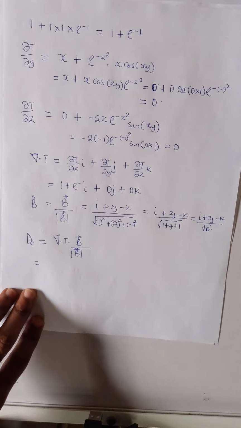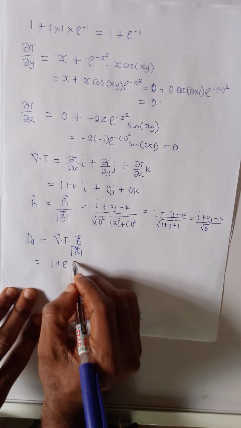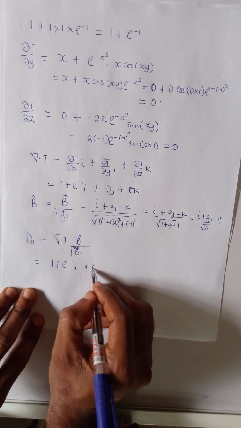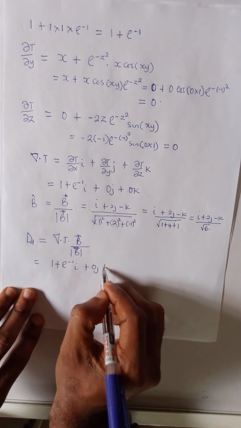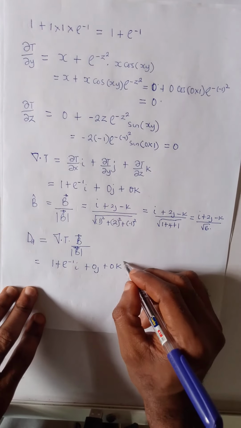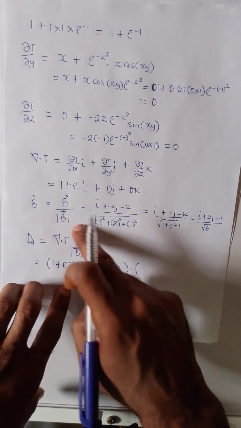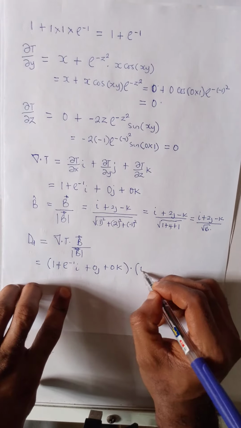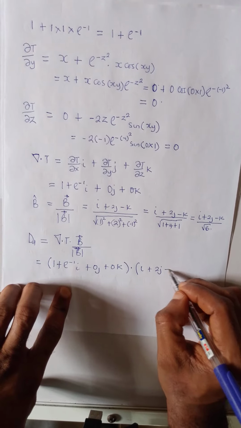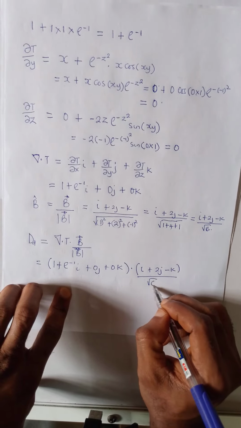So we are going to have 1 plus exponent minus 1 i plus 0j plus 0k, and it is multiplying, note the multiplication is a dot product, the unit vector of B, so this is i plus 2j minus k divided by root 6.